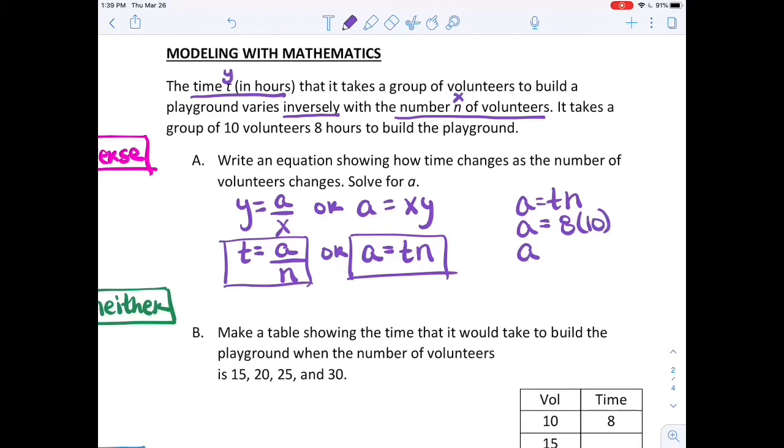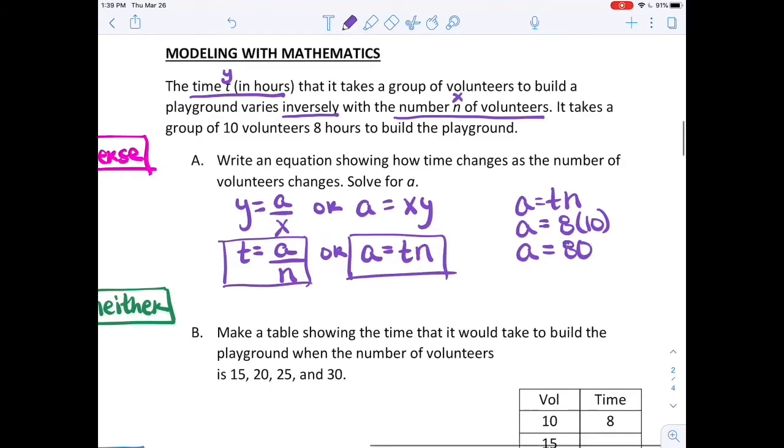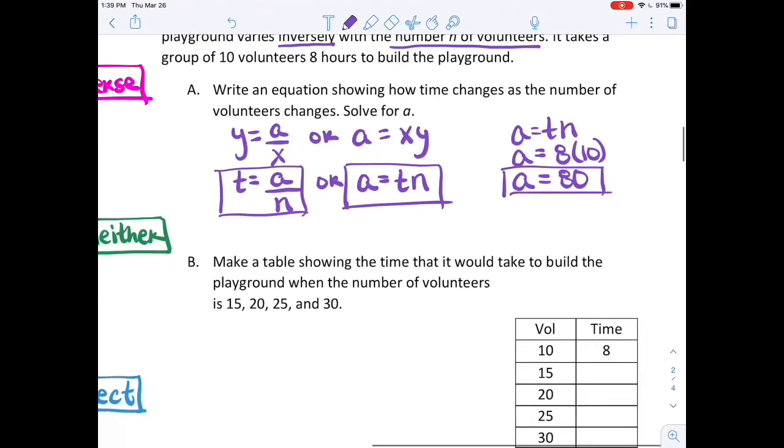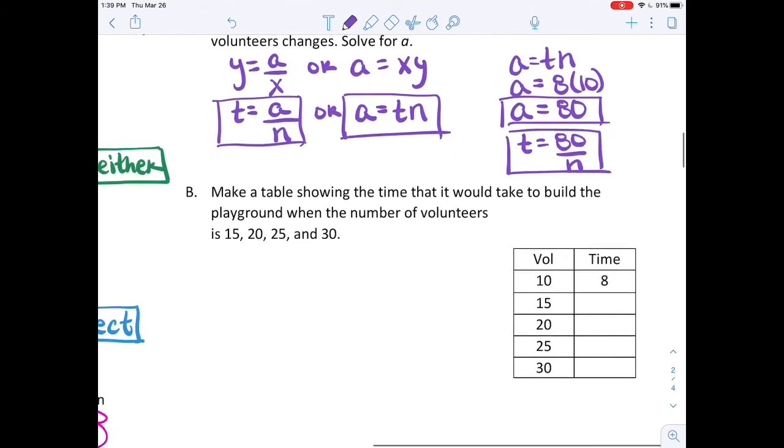So our coefficient of variation, A, is equal to 80. That's our constant. All right, so if we wanted to write our final equation, T is equal to 80 over N. Just like that.